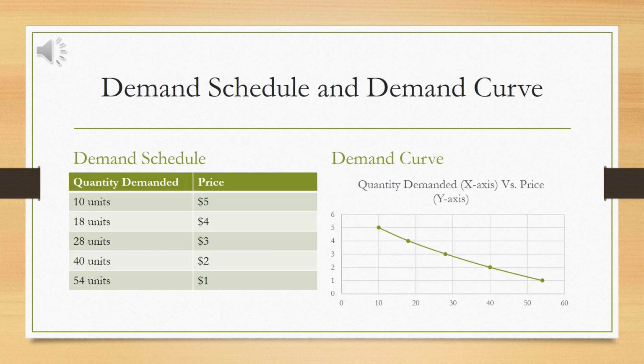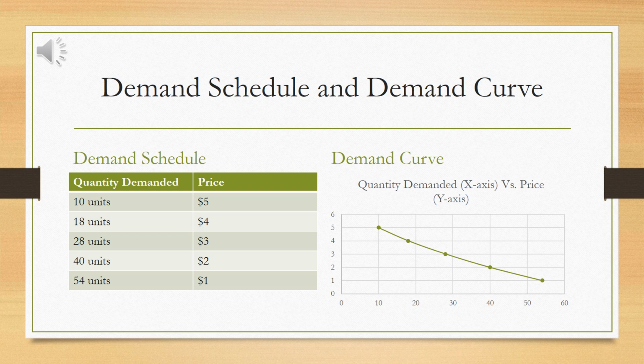The following table describes a demand schedule. When the price was $5, the quantity demanded was 10 units. When the price was $4, the quantity demanded was 18 units. When the price was $3, the quantity demanded was 28 units. When the price was $2, the quantity demanded was 40 units.